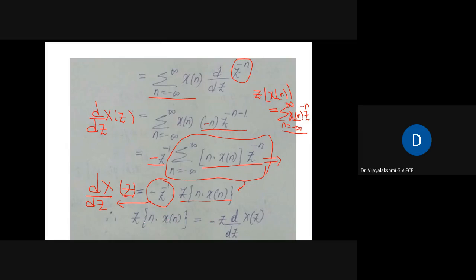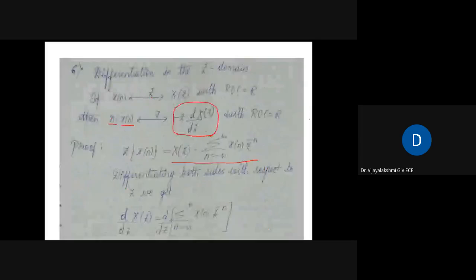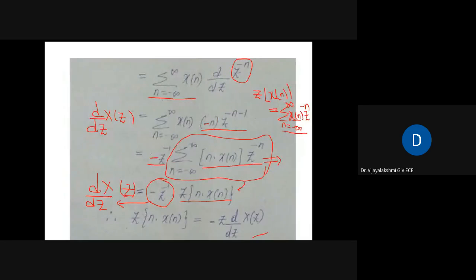So Z transform of n into x of n is nothing but minus z d by dz of X of z. So this is the proof. As per this, these two form a Z transform pair, right? So Z transform of n into x of n is nothing but minus z d by dz of X of z. That is what we have got here.